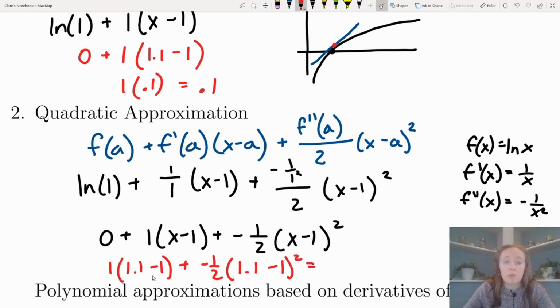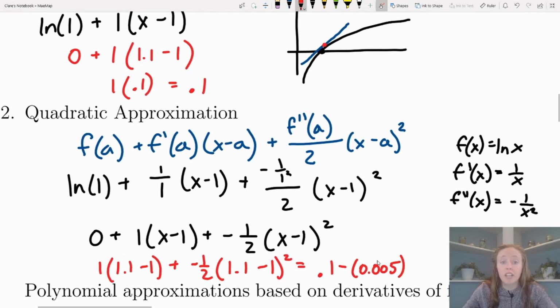Well, we know our linear approximation chunk was just 0.1, so that's going to be 0.1 plus 0.1 squared is going to be 0.01, and we're going to be multiplying that by a negative 1/2, which is negative 0.005. So we'll have 0.1 minus 0.005.